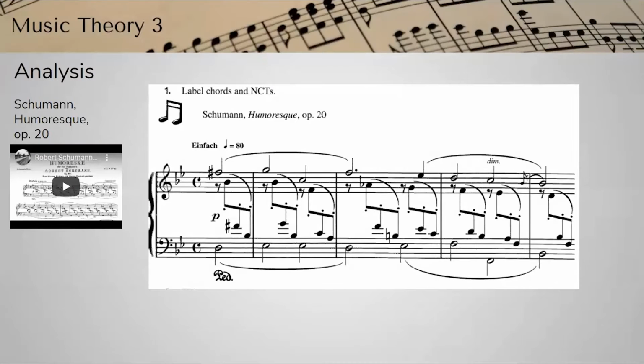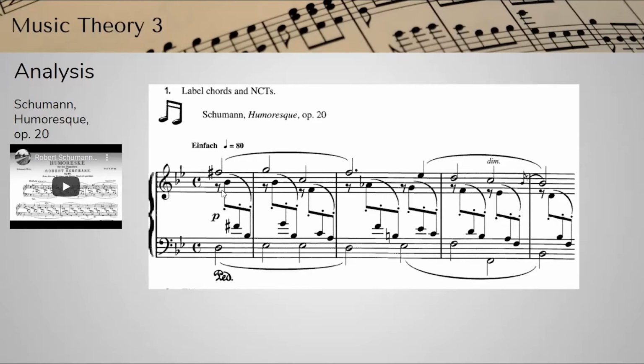So the first example in the book is this Humoresque by Robert Schumann, Opus 20. Before we start, we want to look at the key of this excerpt. And it looks like it is in B flat because we have two flats, and not really, but we do start off with this F sharp accidental at the beginning.